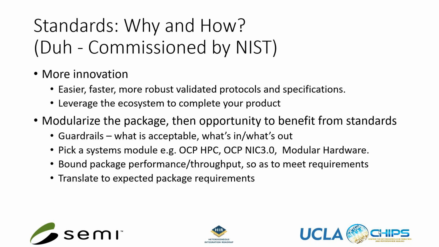As a starting point, the thinking is that we'd pick an existing module like an OCP HPC, OCP NIC 3.0, or some kind of modular hardware. Virtually every supercomputer today is node based anyway, so there's a natural starting point. And we bound package performance throughput so that we meet the requirements of this system's module, and we translate those bounds into expected package requirements.